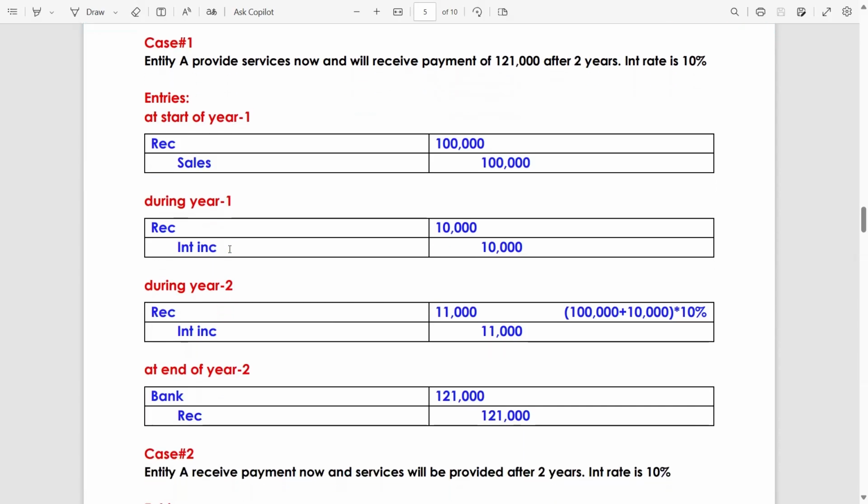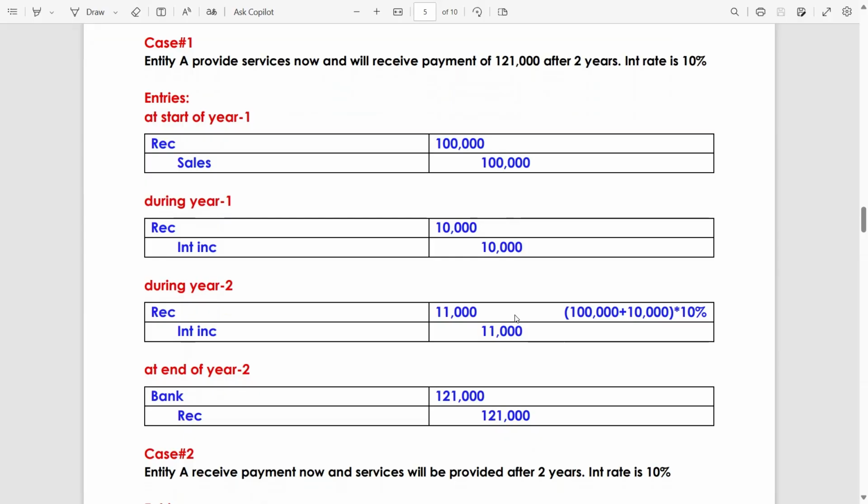Now during year 1: receivable debit, interest income credit. Interest income is 1 lakh multiplied by 10%, which is 10,000 income for year 1. So the receivable becomes 110,000. How? The present value is 1 lakh, then the entity earns 10,000 interest during the year, so it makes 110,000.